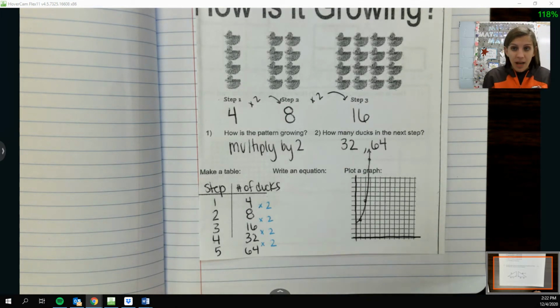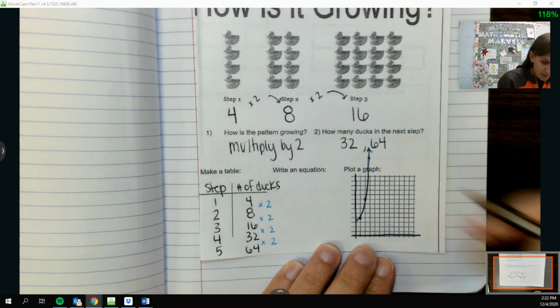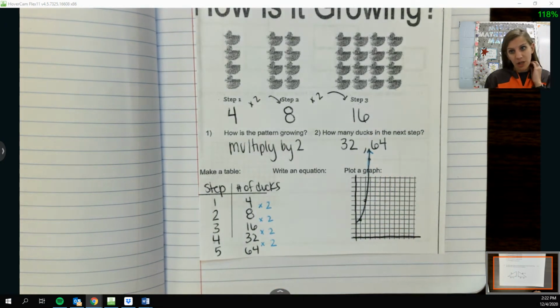Now, when we thought about our equation, I wanted to do that in this color. For a linear function, because I was adding over and over and over again, the shortcut for addition is multiplication.